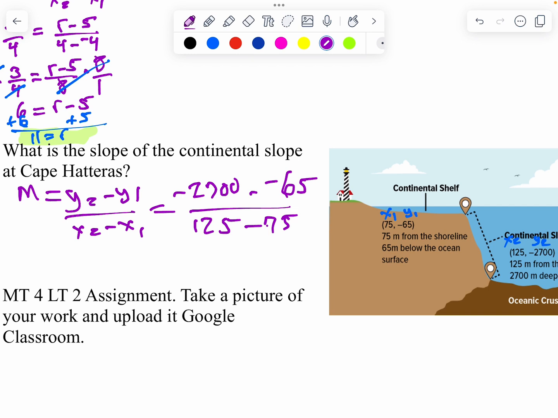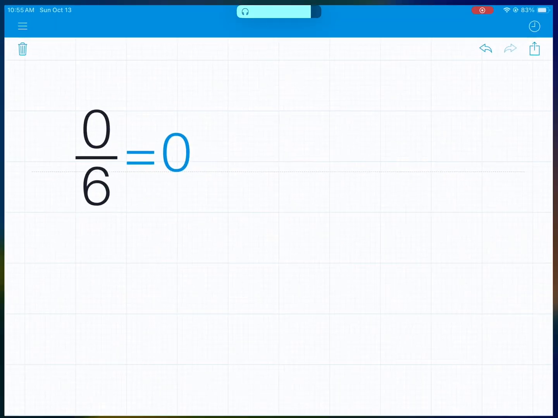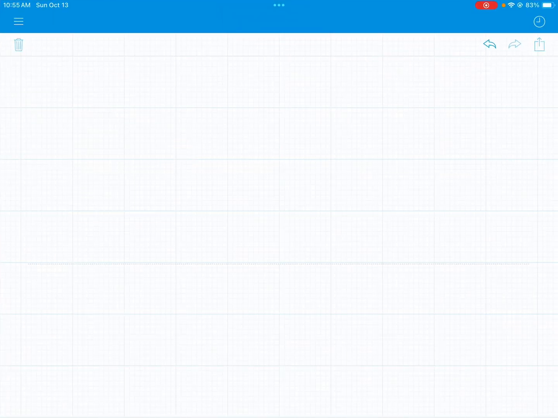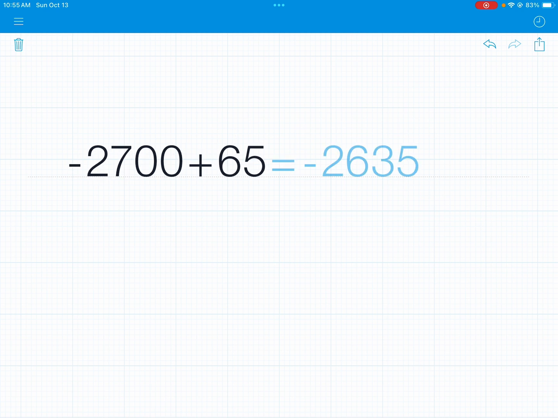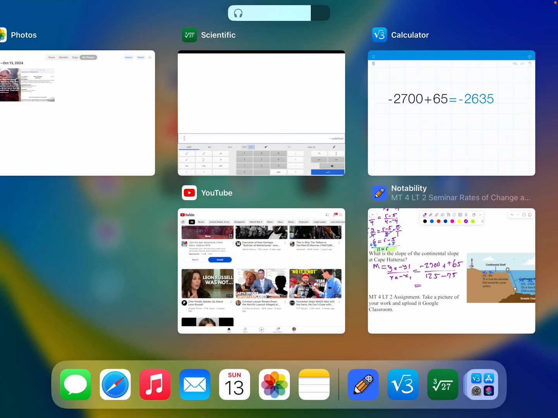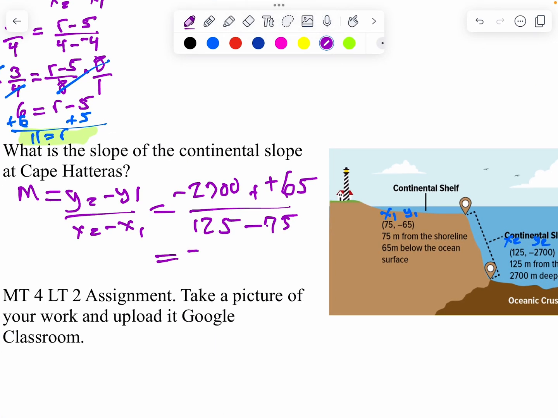Now we can simplify that a little bit. I'm going to say negative 2,700 plus 65, and that turns out to be negative 2635. 125 minus 75, that is 50, isn't it?